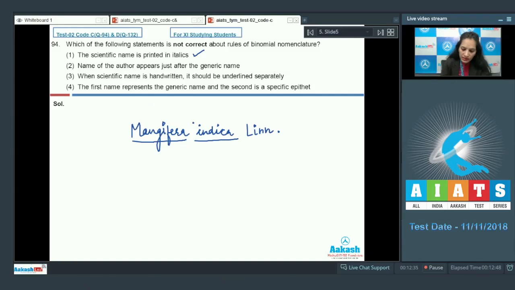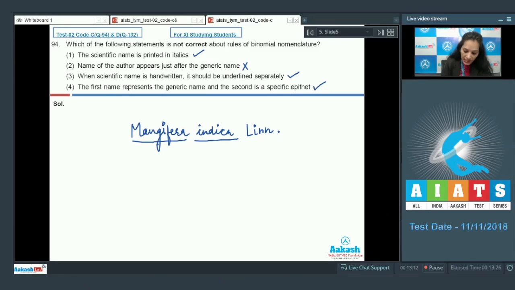So this option is incorrect. When scientific name is handwritten, it should be underlined separately. You can see here I have written Mangifera indica Linnaeus, and this scientific name is handwritten. The generic and the specific epithets are underlined separately. So this is correct statement. The first name represents the generic name and the second is a specific epithet.